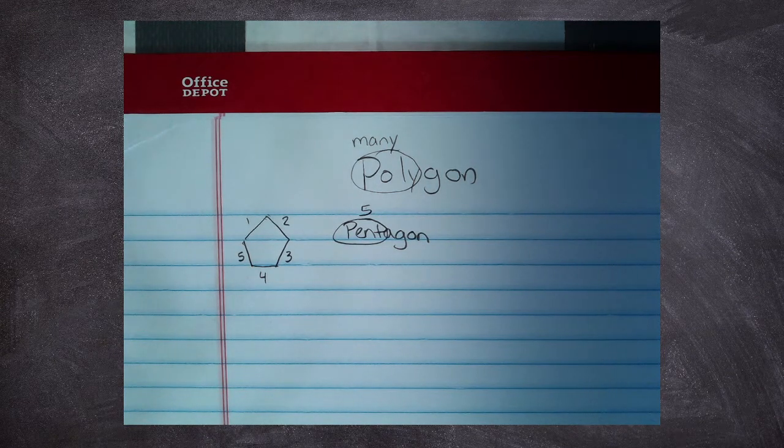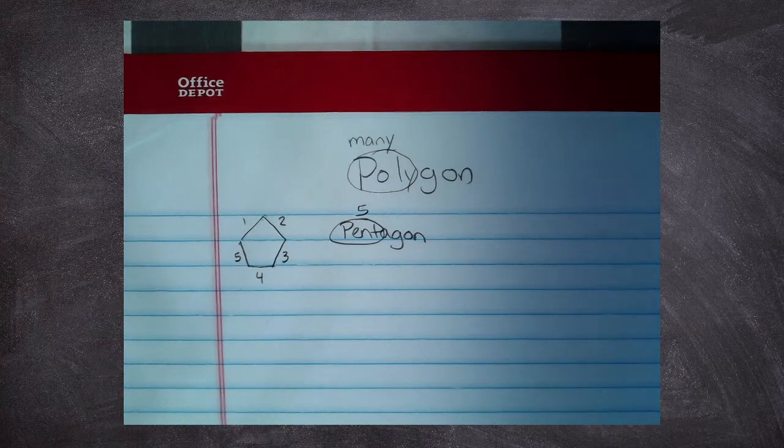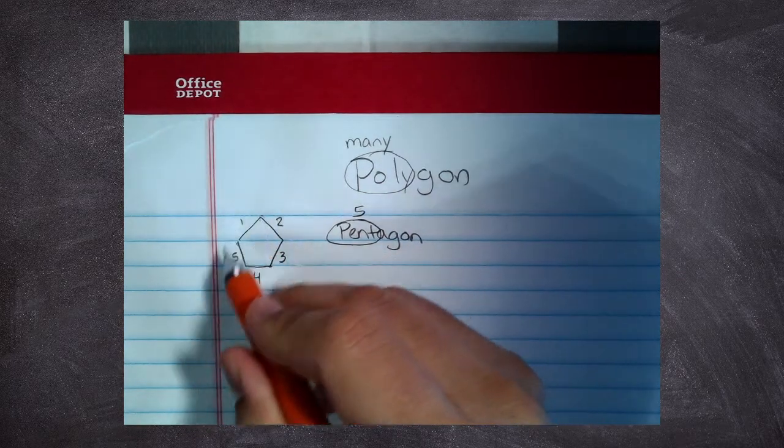Polygons. There are tons of different kinds of polygons. For something to be a polygon, it just has to make sure that number one, it has at least three sides. So if it's got three sides, 4, 5, 7, 35, whatever, just has to be at least three. The second thing that you need to have to be a polygon is there can't be any openings.